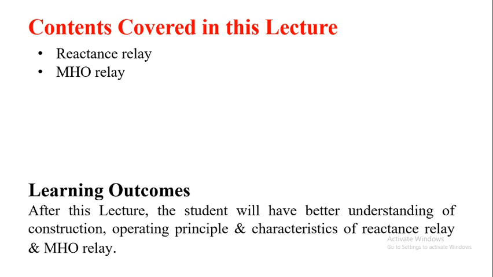Moving on to today's class, today we are going to discuss two other types of distance protection scheme. The relays used in distance protection are the reactance relay and the Mho relay.